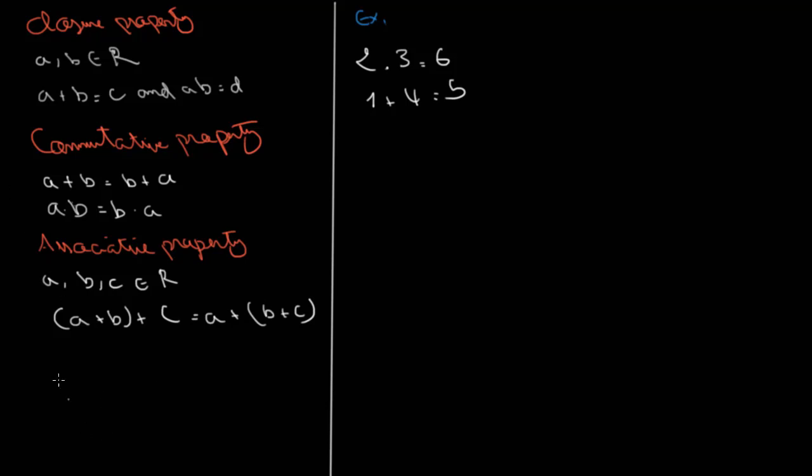Which means if I do the first operation and then I add C, it is always equal to A plus the result of the operation B plus C done first.